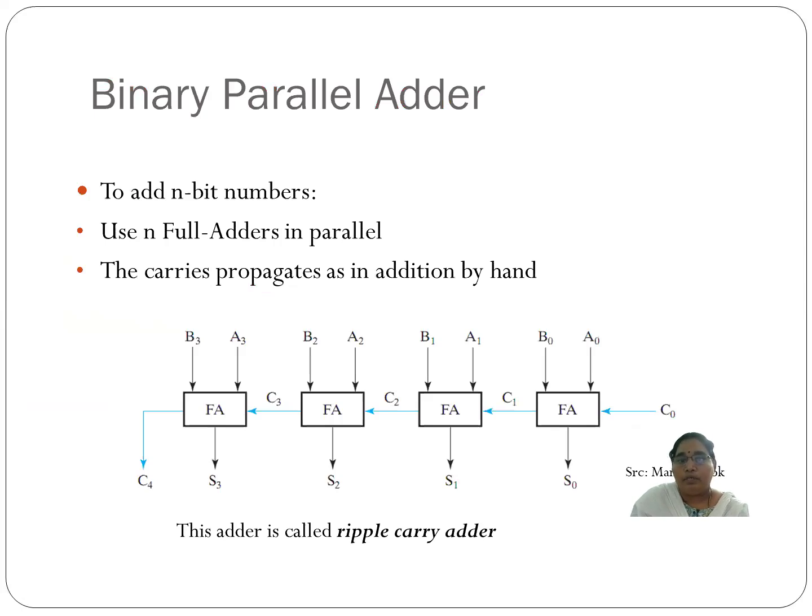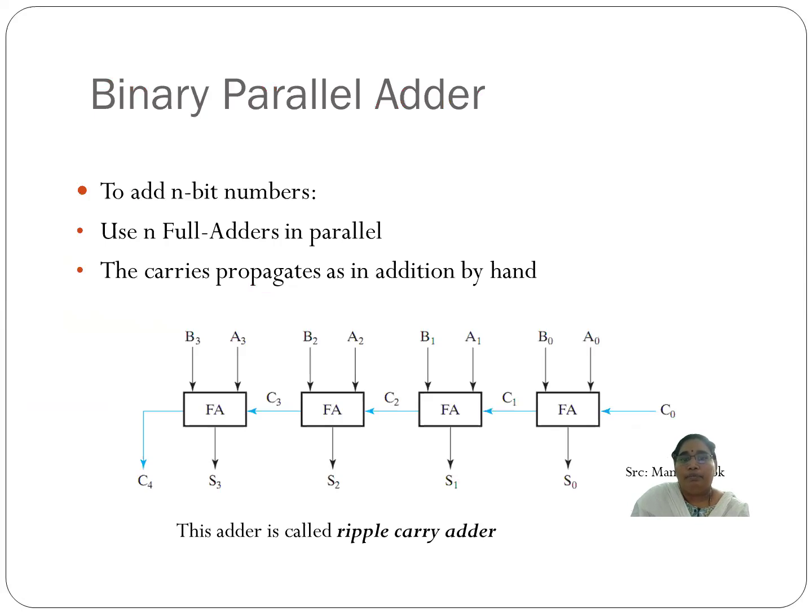Here, those 3 bits are B0, A0, and C0, that is the carry input. The outputs are sum and carry. The output sum bit is the least significant bit of the sum, that is S0, and the carry is C1. Now let us connect this carry to the next full adder as the carry input, and we will give the remaining 2 bits of A and B, that is A1 and B1.